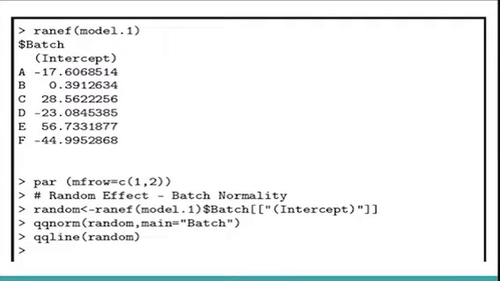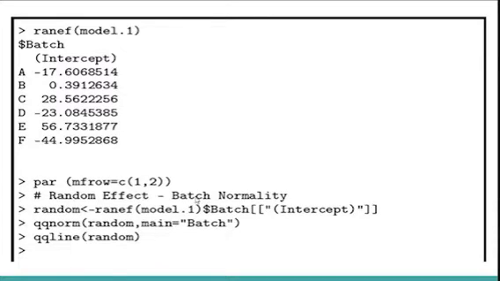Because in a situation where the effect is random, we assume that that particular effect will follow a normal distribution with mean zero and the variance of that effect. We need to investigate whether our normality assumption holds before we can trust whatever comes out from that.